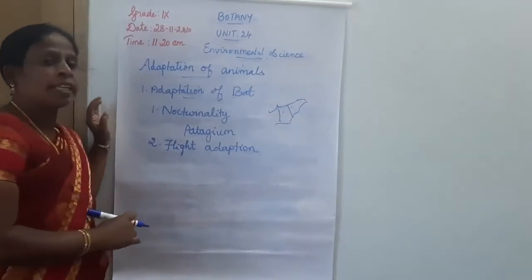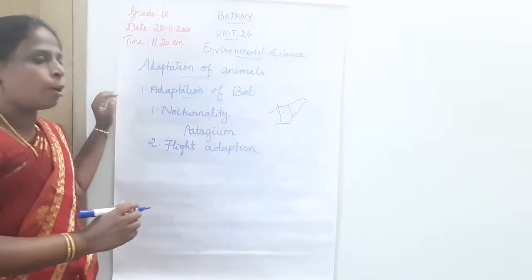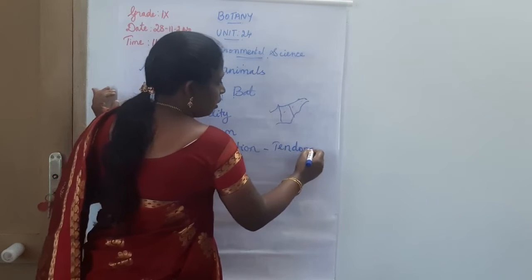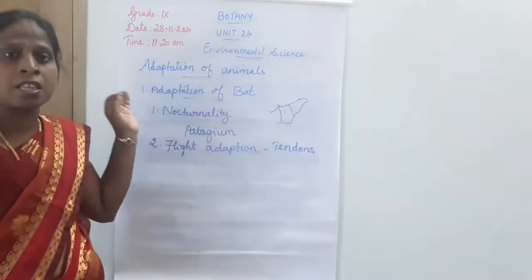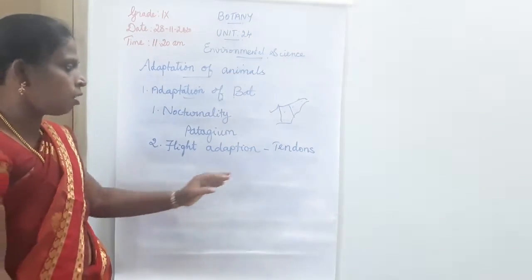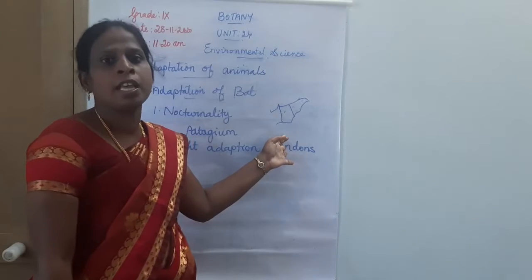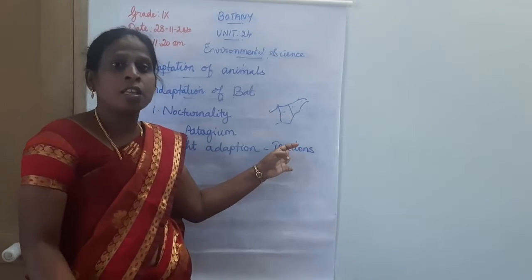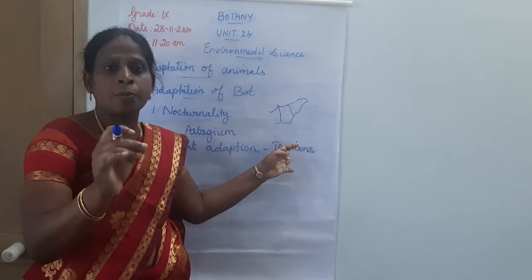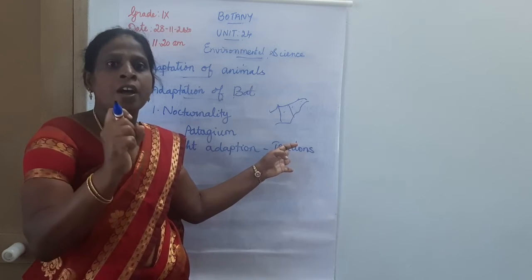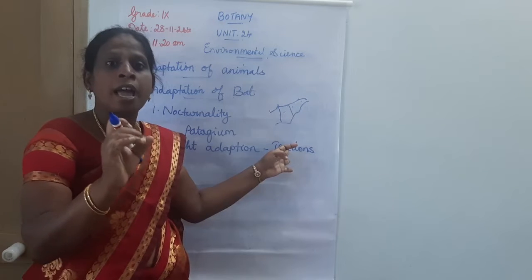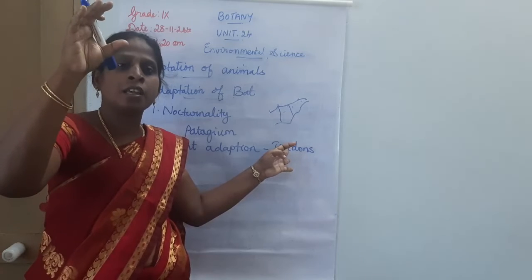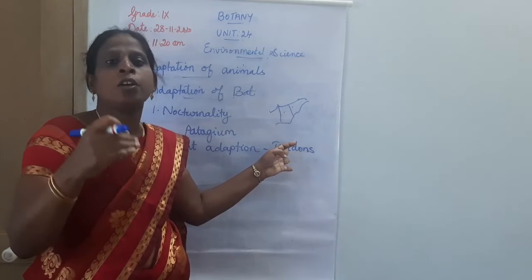And also the tendons in the hind limb. What do tendons mean? Tendons are the skeletal muscles joined to the bones. The tendons present in the hind limbs are very strong, and they help the bat hang upside down during rest.